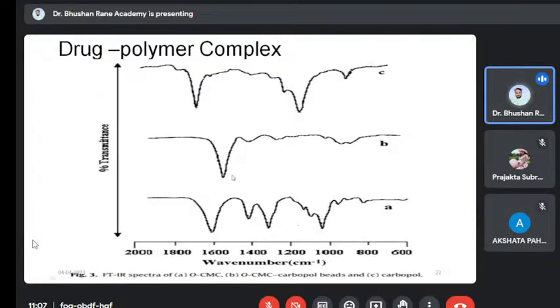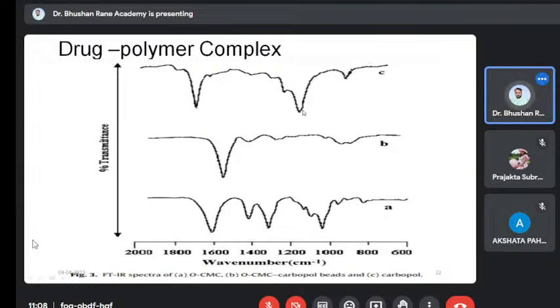So just understand here. This A peak is for O-carboxymethyl chitosan, B peak is for the O-carboxymethyl chitosan carbopol beads, and C peak is for the pure carbopol. So just understand the peaks observed for carbopol and for O-carboxymethyl chitosan. And this B peak is for the O-carboxymethyl chitosan carbopol beads.